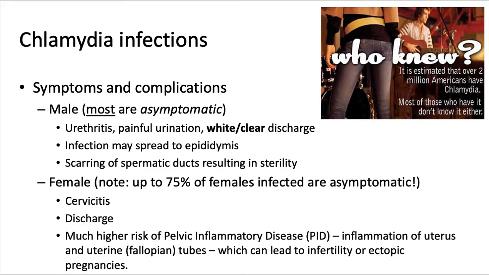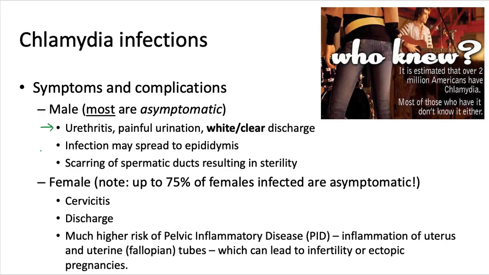Chlamydia causes symptoms more often in females than males. Most males are asymptomatic, but for those that do experience symptoms, the number one symptom will be urethritis, which is when the urethra is infected and inflamed.